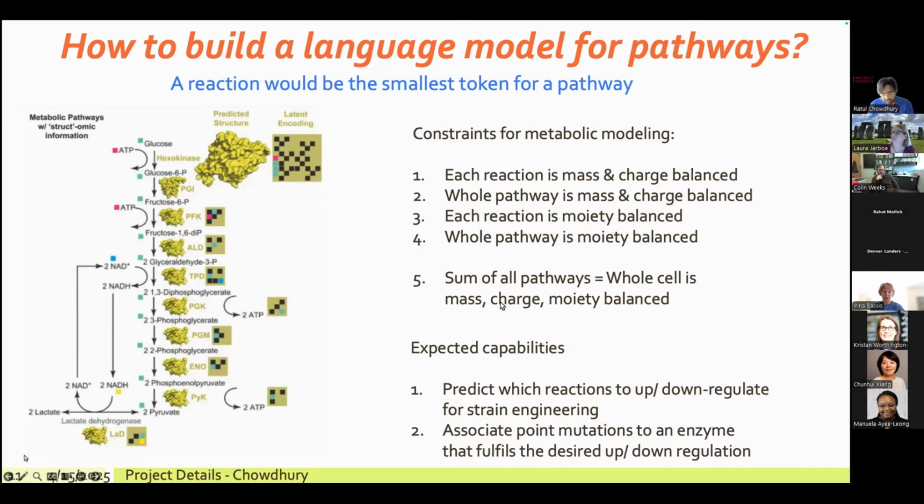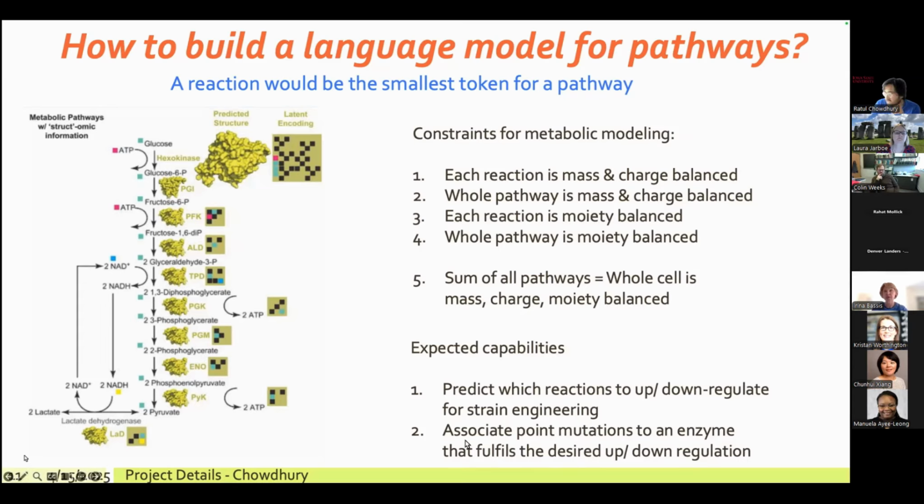We hope that this effort will lead to capabilities such that we can currently do number one using things like OptForce, where you predict which reactions you need to upregulate or downregulate to engineer a specific strain, right? But currently, point one does not tell you how to achieve that upregulation or downregulation in a specific pathway.